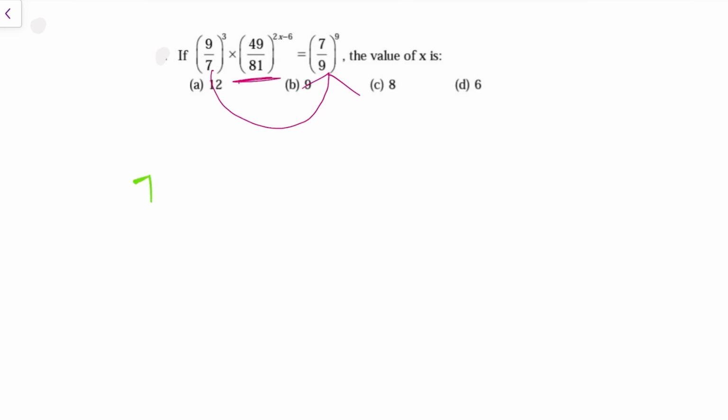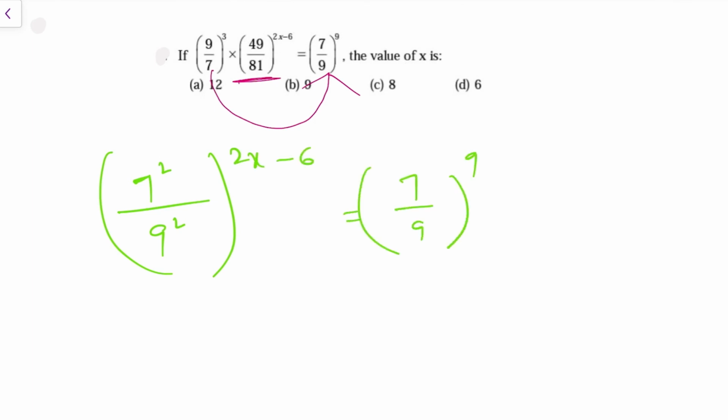49 can be written as 7 square, 81 can be written as 9 square, whole power 2x minus 6, that is equal to, on the right side already (7 by 9) whole power 9 is there into, now from the left side I am taking 9 by 7, right? If I take it to the other side it becomes reciprocal, (7 by 9) whole power 3.